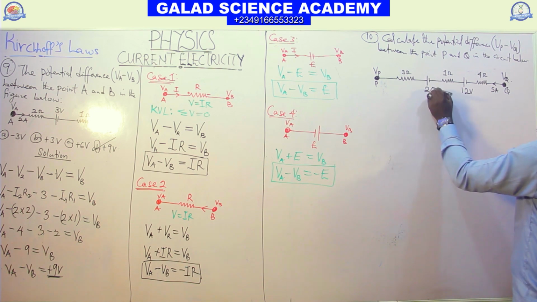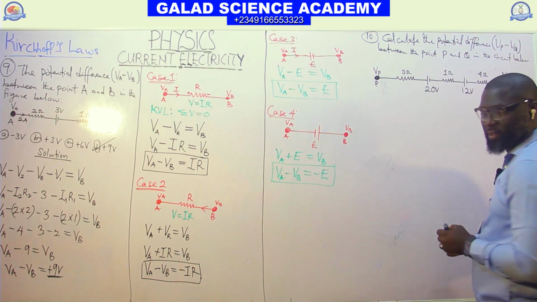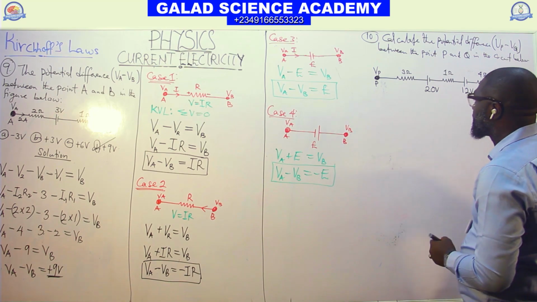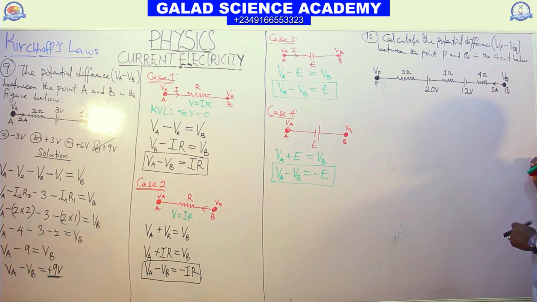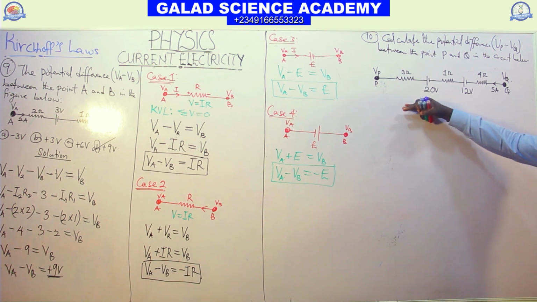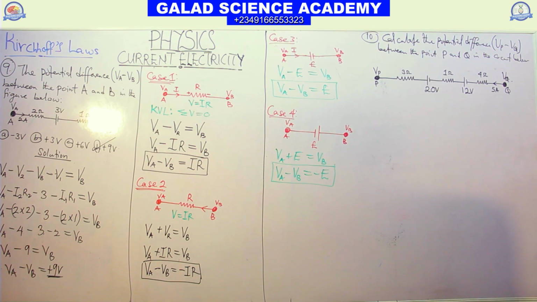Let us look at this question. The current is flowing like this. What will be the potential difference?